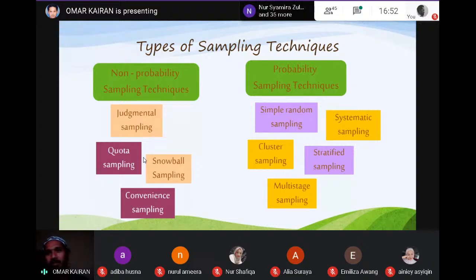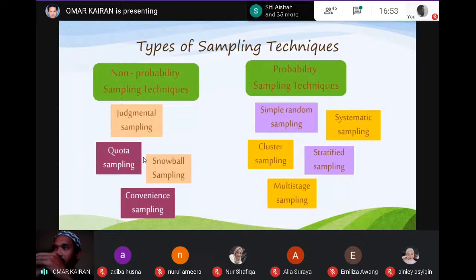Where they have the same chances, meaning that you can apply the probability to the whole population. For example, if you have 1,000, you know the probability of selecting each individual in the population.